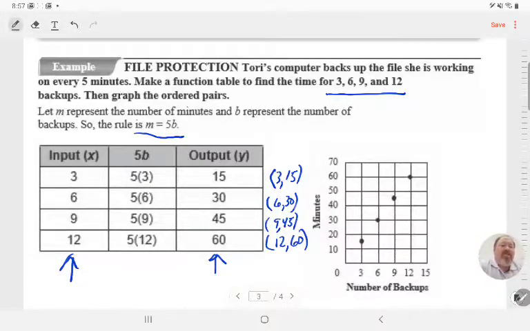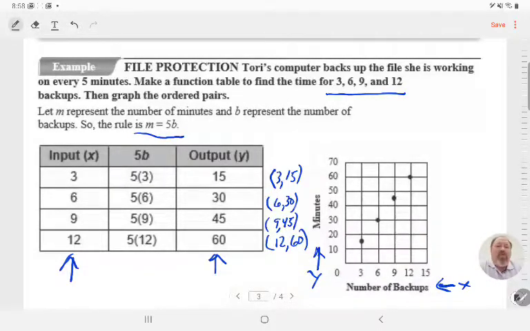Okay? So I make me a coordinate plane. Don't forget my y's are on this side. My x's are on this side. Okay? Because my inputs, the x's, are at the bottom, and my outputs, the y's, are on the left side. And then I can number them however I want to number them. In this case, since I know I'm going 3, 6, 9, 12, I could just go by 3's at the bottom.